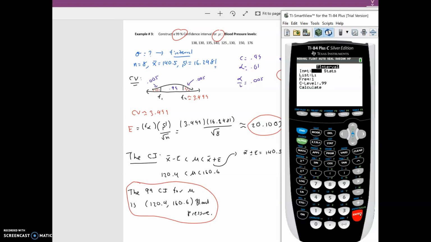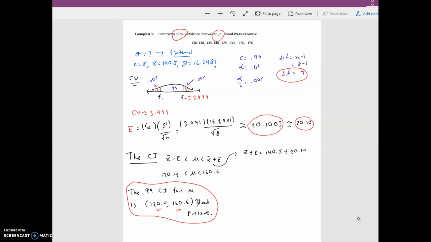Now, the data that you have is actual data. So you inputted already the data, and then you go all the way to the bottom and just modify the actual C level. This is a C level of 99. Please run it and see if you're matching. In this case, we're right on the dot. We're getting 120.4 to 160.6.